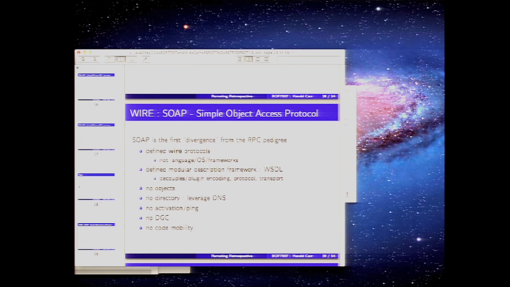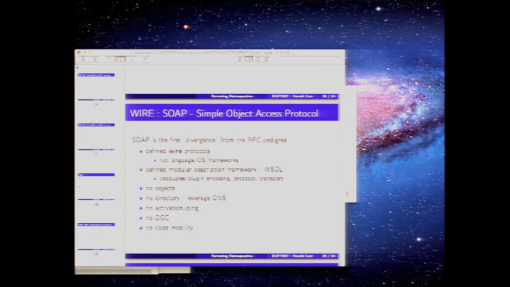SOAP was the first system that really said, here are the wire specs, go build your systems. That's a good thing, because there's no activation, there's no objects, even though the name was originally Simple Object Access Protocol. Of course, they decided later it wasn't object SOAP, it's just SOAP, and it's not an acronym anymore.